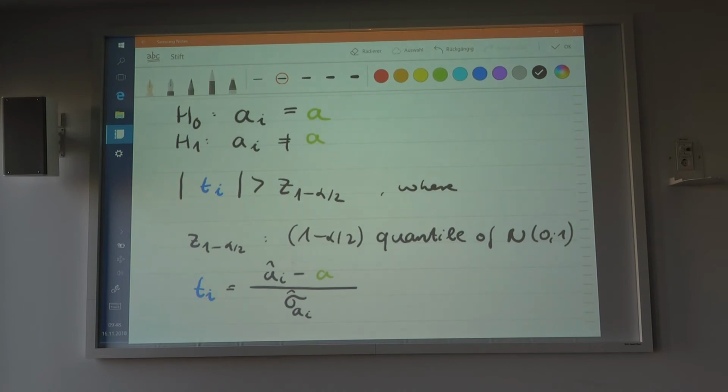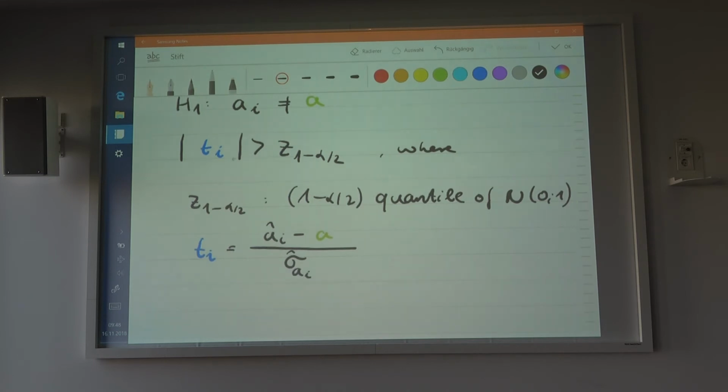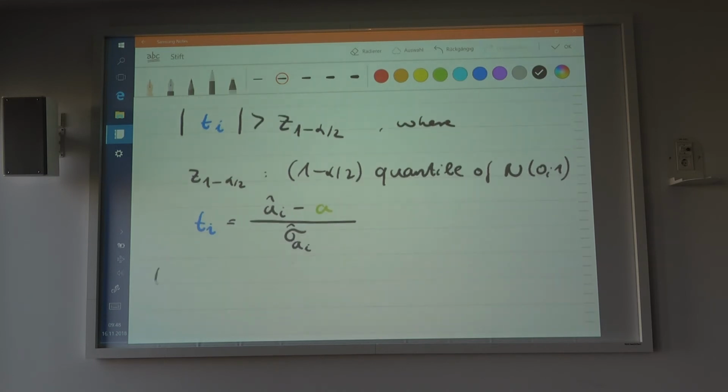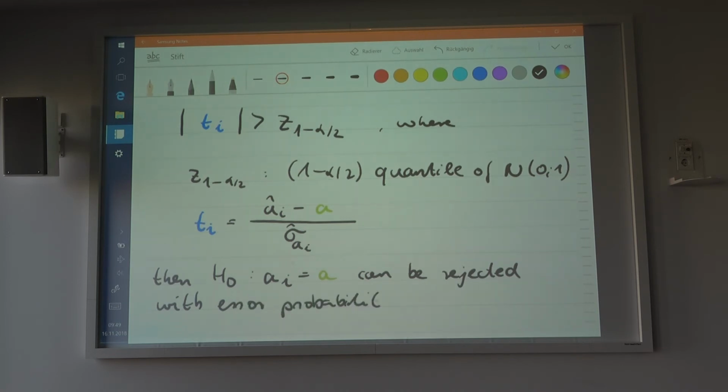Then you could use that. That means that if the absolute value is greater than that, then the Null hypothesis, which was that the coefficient is equal to a certain value a, can be rejected with an error probability that is not greater than alpha.